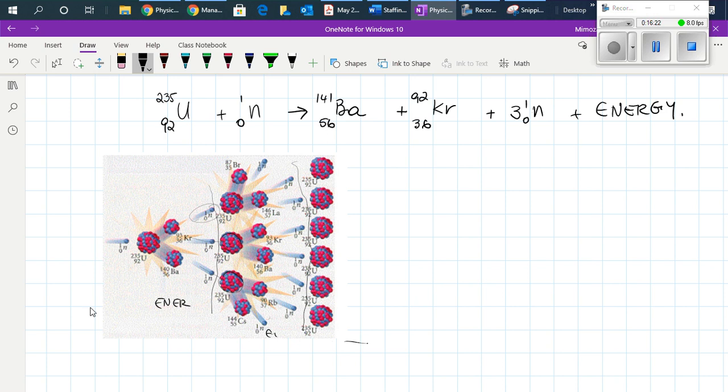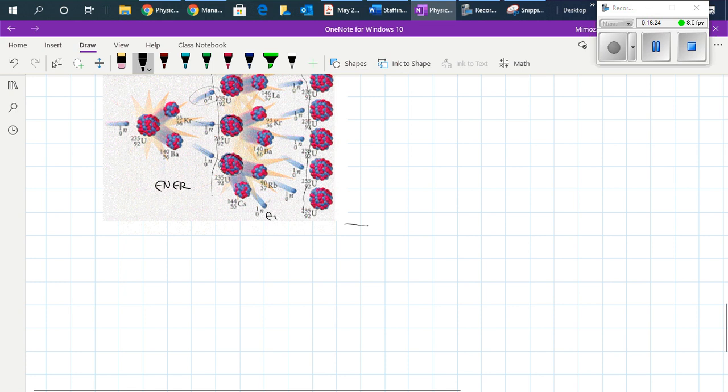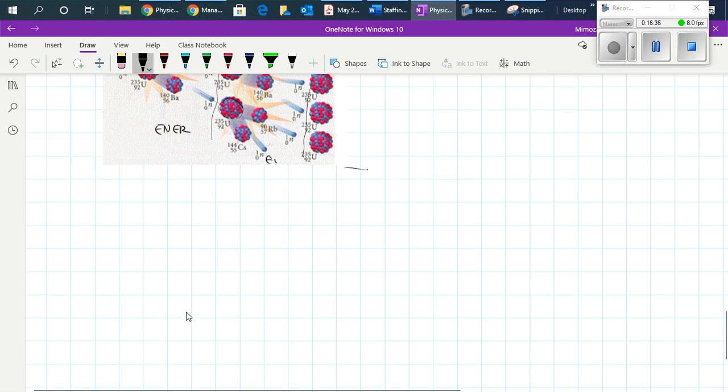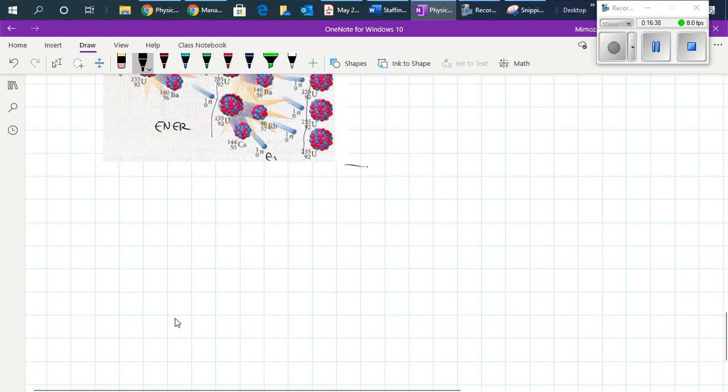For the given reaction, let's now calculate the energy produced. For this reaction that we just had in front, I will bring it here again.